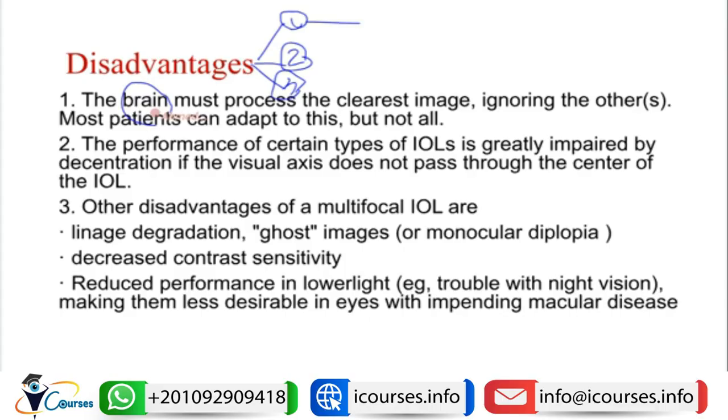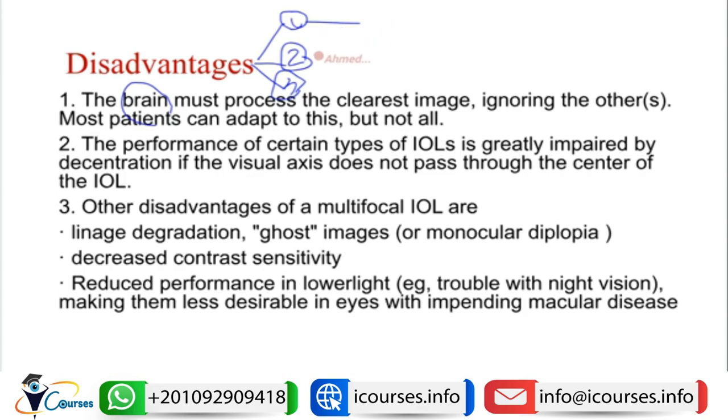So in order to compensate for these two images, which are for near and for far, his brain will try to neglect one image in order to see the second image more clearly. Some patients will be able to do this, but others cannot. So it is a very variable factor here. Again, the first problem of these lenses is the adaptation by the patient.